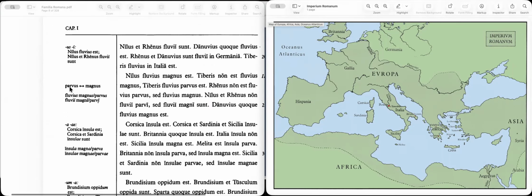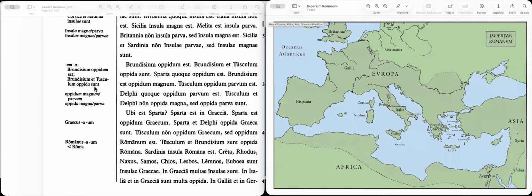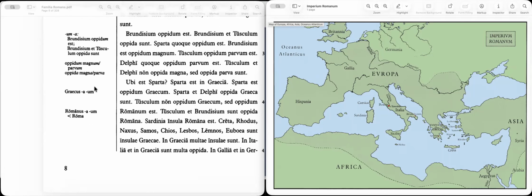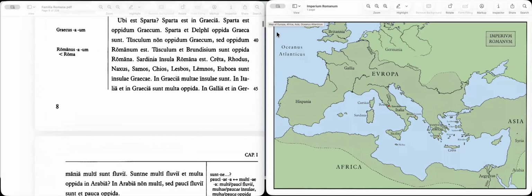And then there are also various other little hints. Now, when you see parvus et magnus and you see the double arrows, that means those are opposites. Parvus means small or little, magnus means great or big. So there's a lot of little hints on the side to help you understand what the text means. I want to mention one other thing.